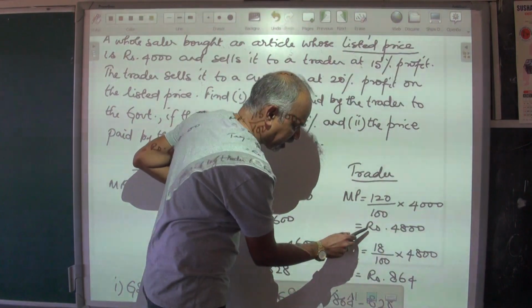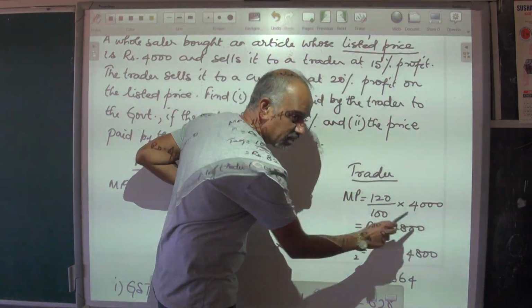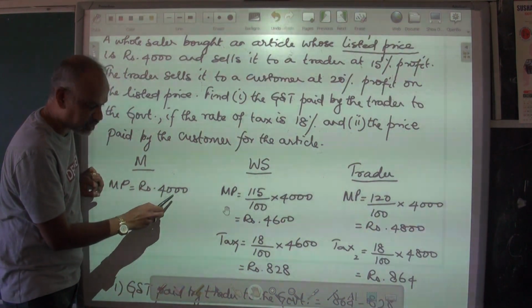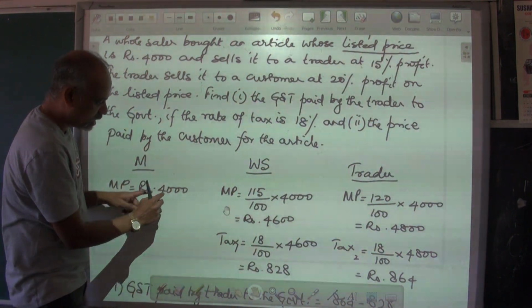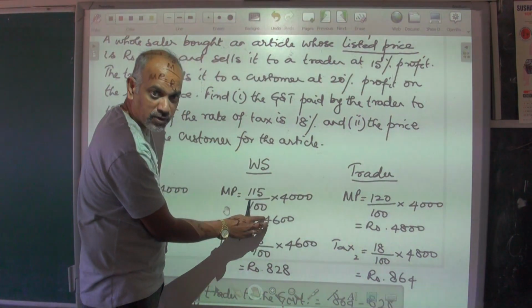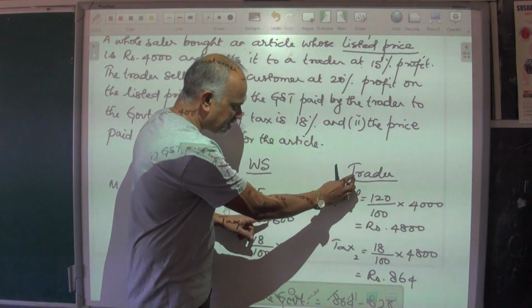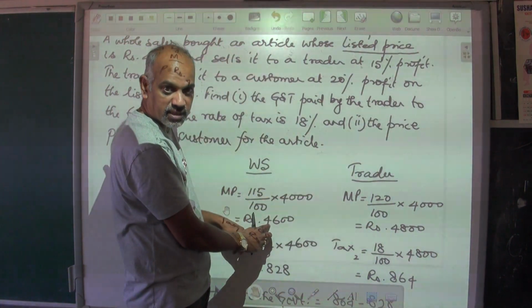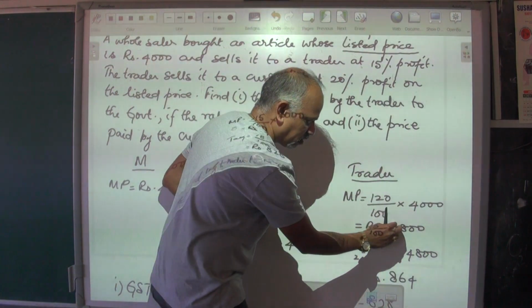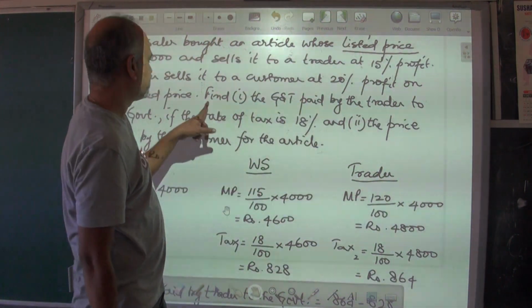If you simplify this, you will get rupees 4,800. So look at this. When the wholesaler bought it from the manufacturer, he paid 4,000. The wholesaler increased the price. Price has become 4,600. When the trader bought it, he paid 4,600. And when the trader sells it to the customer, he sells it for 4,800.